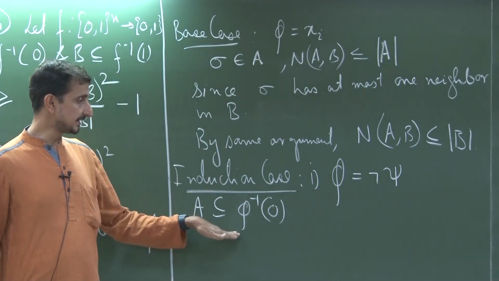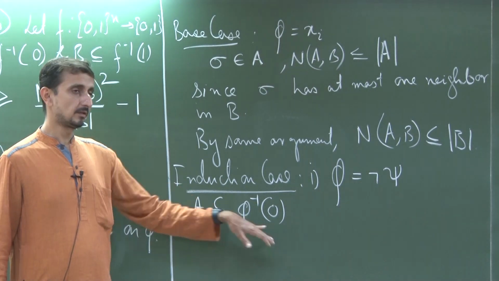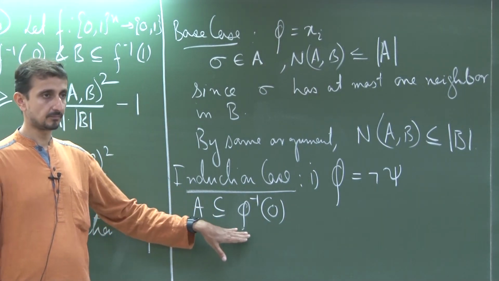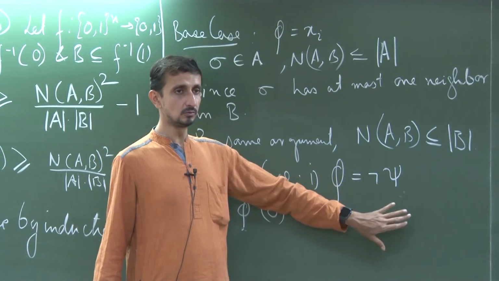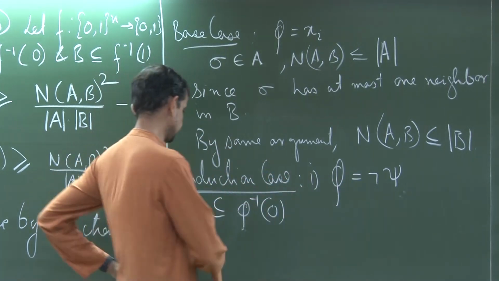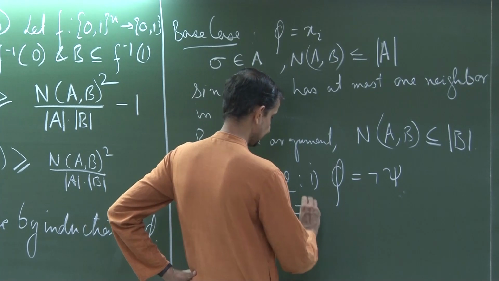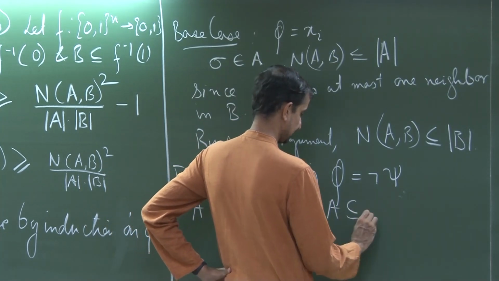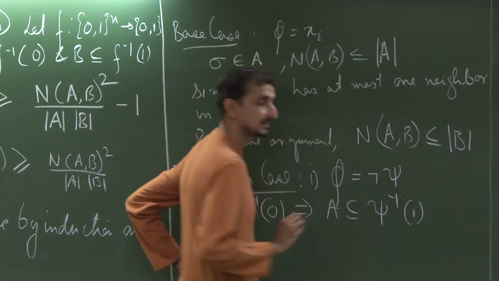So, A is basically a set of inputs which go to 0 in this formula phi, right. So, with respect to psi, it would go to 1, right. So, if A is a subset of this, it implies that A is a subset of psi inverse 1.